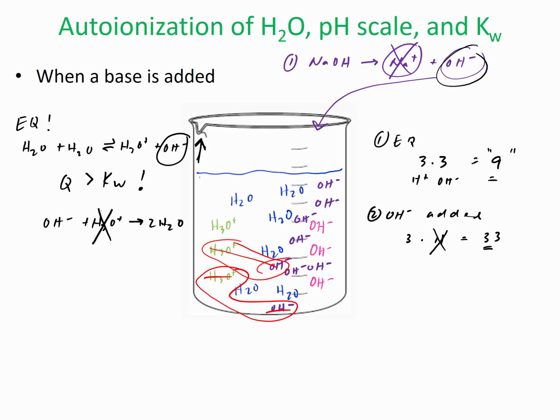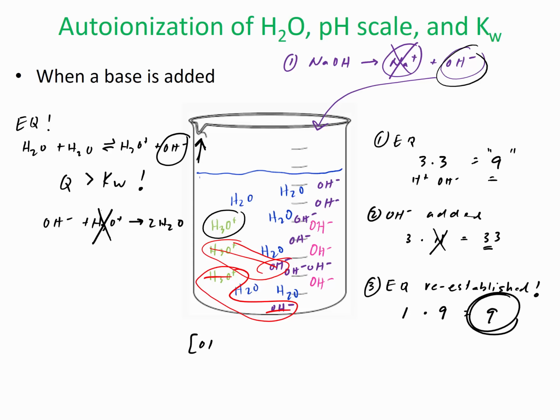And here equilibrium is re-established. So the 11 will knock down because 2 of them are consumed, so it goes down to 9, and then the H3O+ gets knocked down to 1. So we re-establish my hypothetical Kw here.